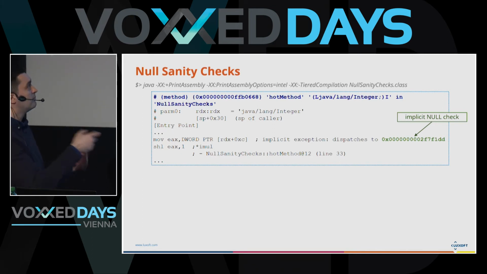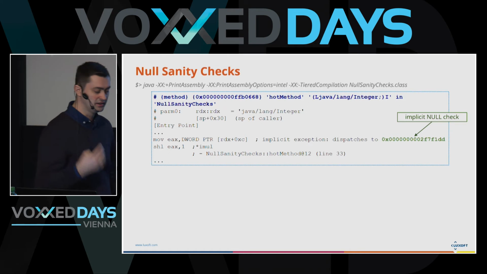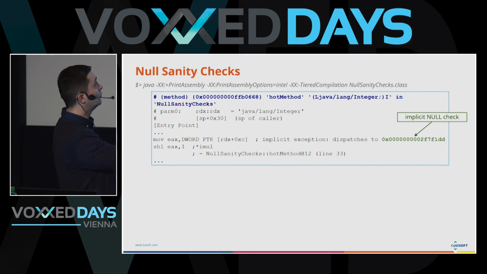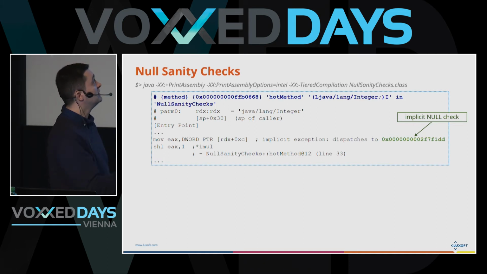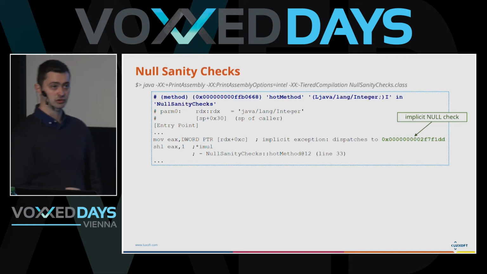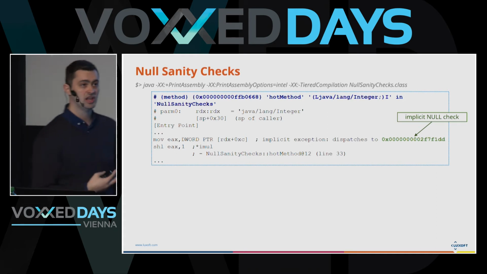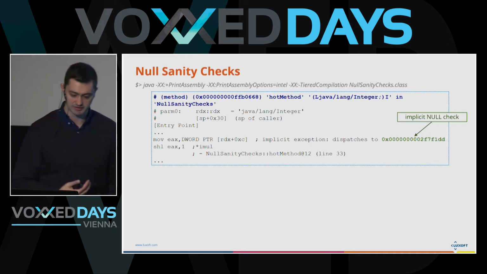After I clean it a bit, it has mainly this move and this EAX multiplied, this bit operations, sorry, which means put the value from the integer in EAX and do the multiplication by 2. There is no null check explicitly added in the assembly code.